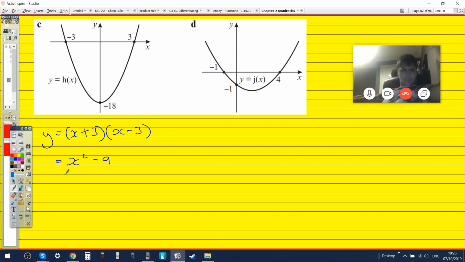But it needs to be minus 18 as the y-intercept. What would we have to do to get that? I think we'd have to multiply everything by 2. So I think it'd be y equals 2x squared minus 18.